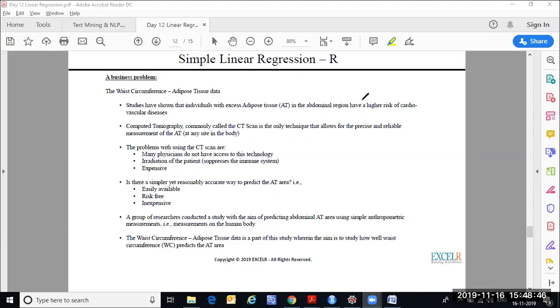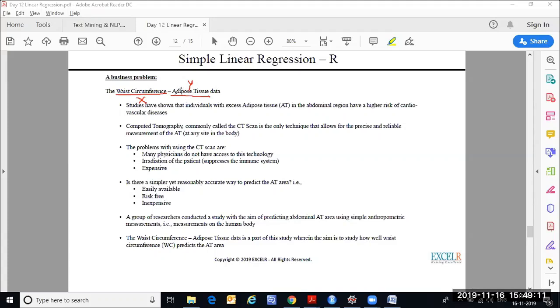Adipose tissue, right? So the adipose tissue is the Y variable that we are predicting here. And what is the X variable? Waist circumference. What is this problem all about?